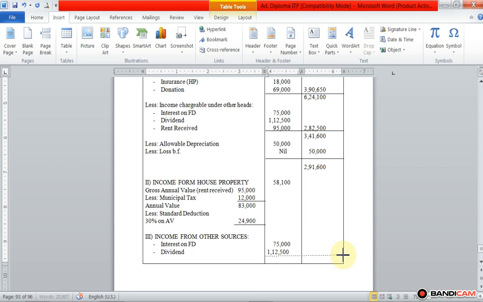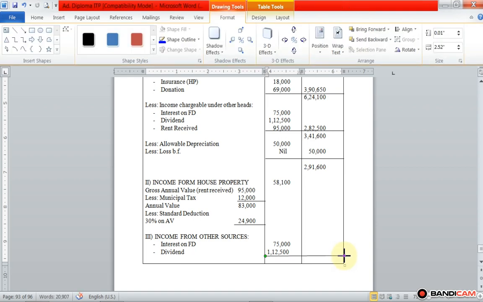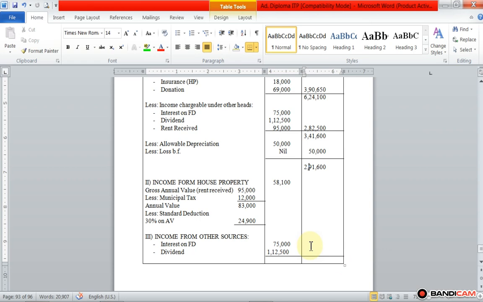Add this 2,45,600 to the net profit. Okay, we get the income, or gross total income, of the company. Adding this 2,45,600, we get 2,91,600.